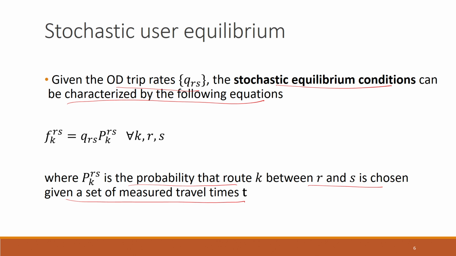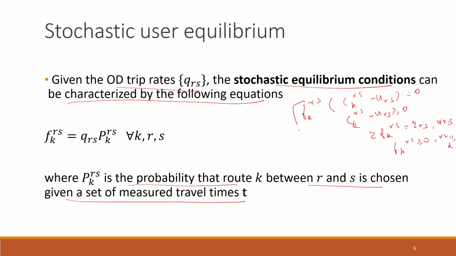So there we had something like f_k^rs times (c_k^rs minus u_rs) equal to 0, and then c_k^rs minus u_rs greater than or equal to 0, and then there were two other constraints that come as standard: the summation of f_k^rs is equal to q_rs for all rs, and f_k^rs is greater than or equal to 0 for all r, s and k. Okay.